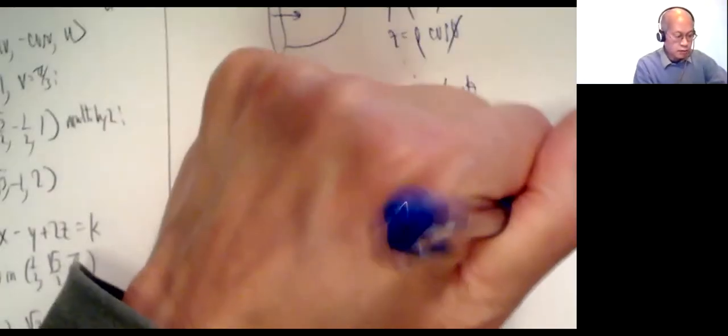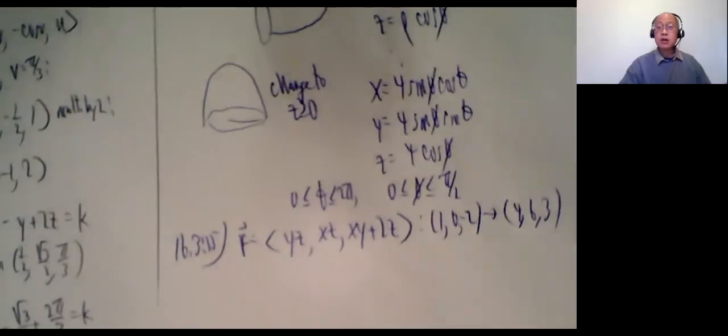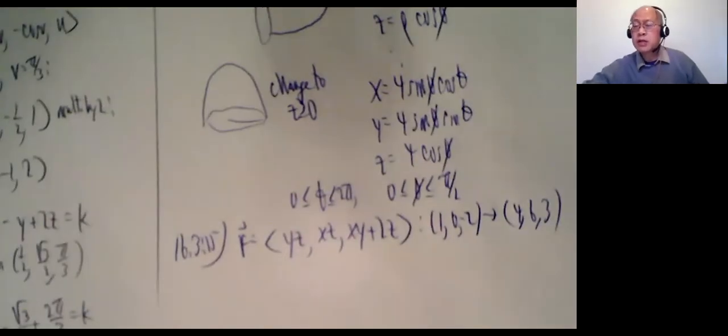And we're going from 1, 0, -2, to 4, 6, 3. Okay, and let me do it this way.